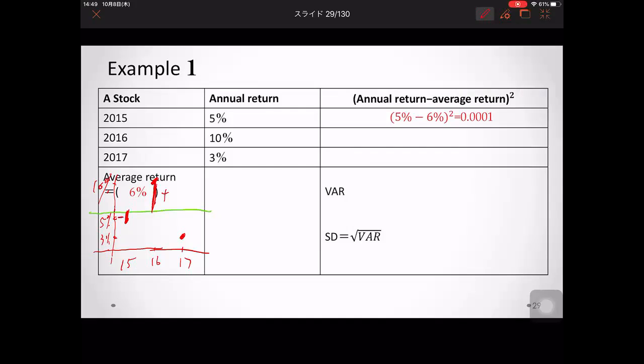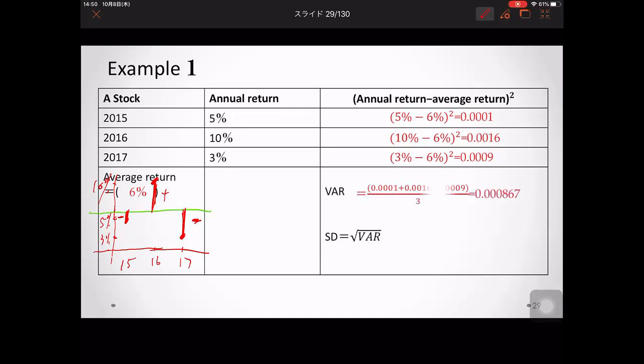The squared deviation is 10% minus 6%, and the squared term is 0.0016. Similarly, for 3% we also have a negative deviation again. The squared deviation is 3% minus 6%, and the squared term is 0.0009. So we already have the squared deviation for the three years.